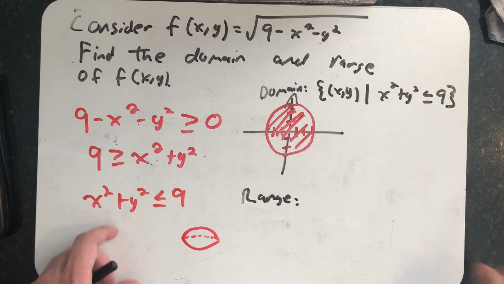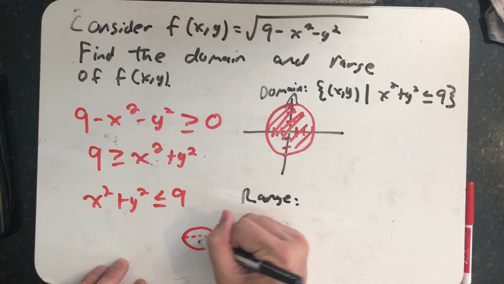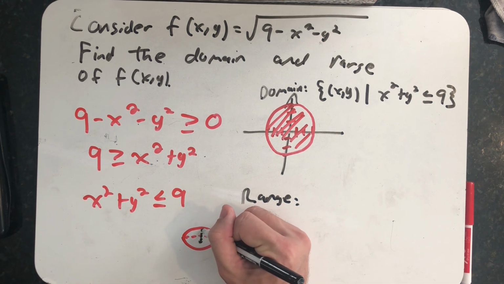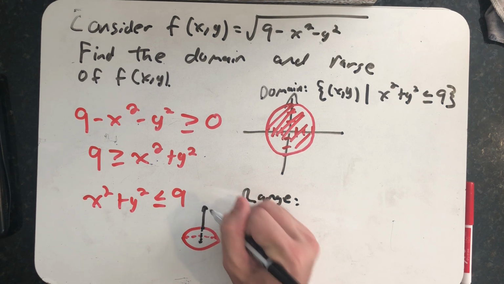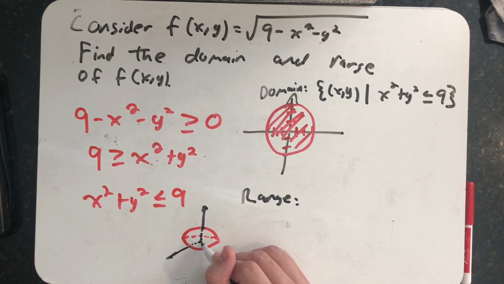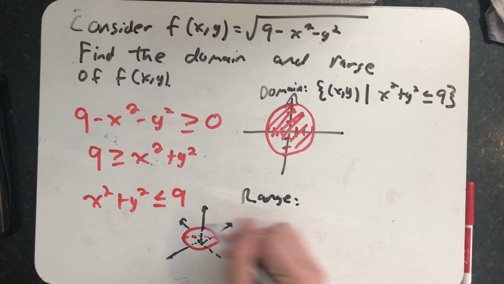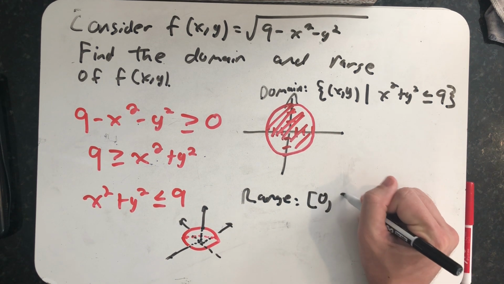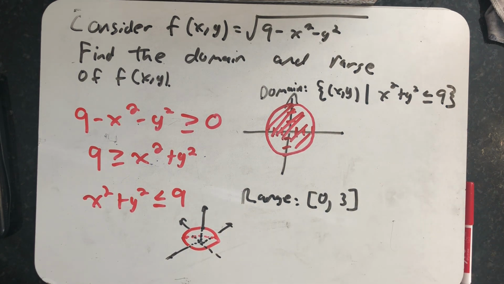So if I imagine that, well, I know exactly what's going on. The lowest point I see in the sphere is at z equals 0, and the highest point's right there at the North Pole at z equals 3. So the range is a closed interval from 0 to 3.